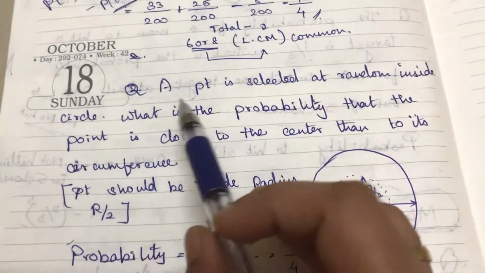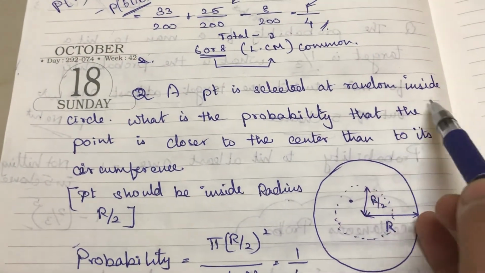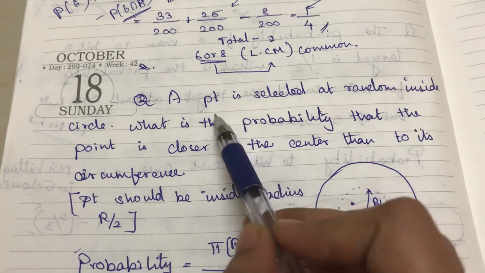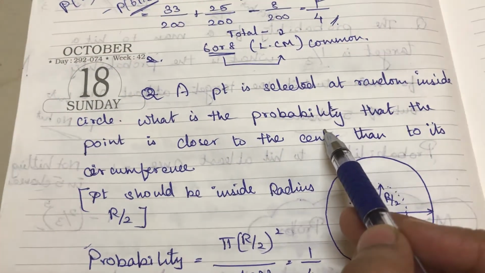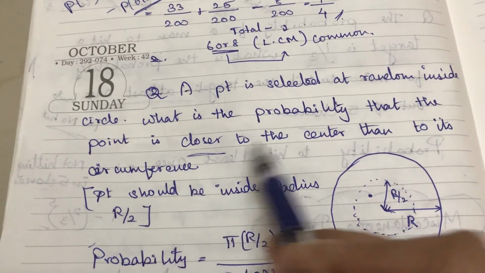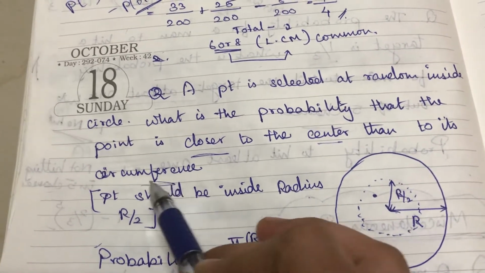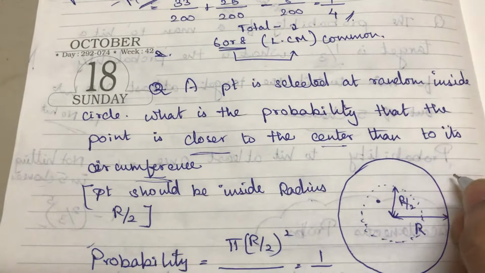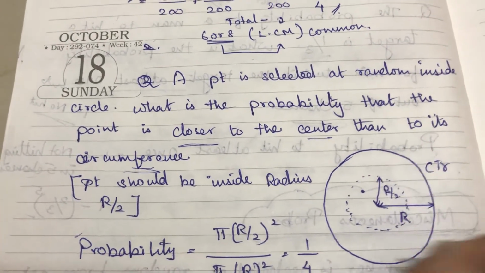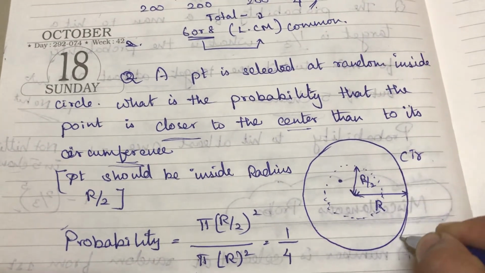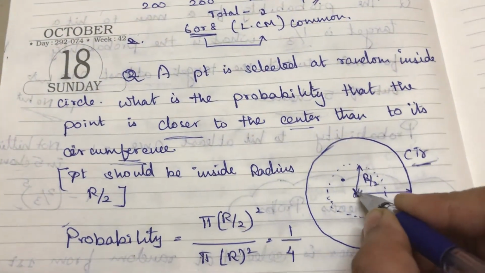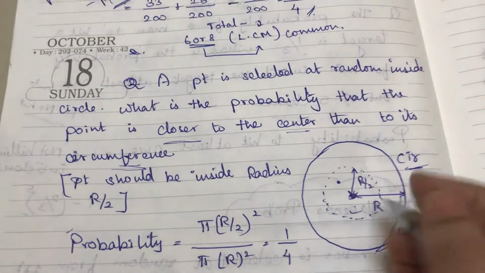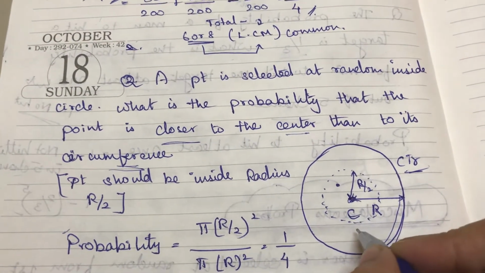Okay. Next sum. A point is selected at random inside the circle. I am just selecting a point randomly inside the circle. What is the probability that the point is closer to the center than the circumference? This is the circumference. In a circle, this outer part is the circumference, and this inner part is the center.